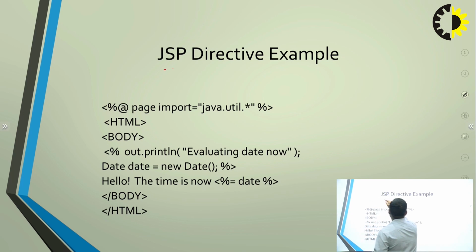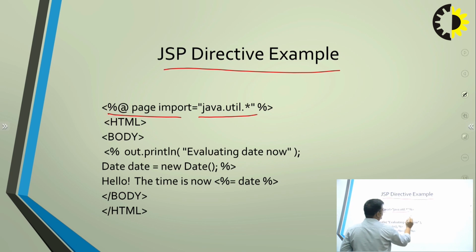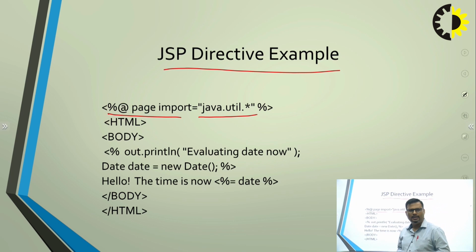Here we will use JSP directive examples. Starting with <%@ page import="java.util.*" %>, the asterisk means we will consider all the util libraries. Then HTML and the start of the body, then println evaluating a date now.